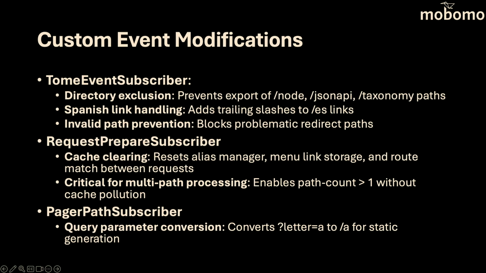This, to some degree, was for aesthetic purposes, but also because of the well-known structure of how Drupal is done, it made it easier to publish it that way. We removed trailing slashes from links, blocked some problematic redirect paths, and then we reset these particular caches for us. Again, this won't necessarily be what you do depending on your site setup, but for us, it was the alias manager, menu link storage, and route matches that are happening between requests, which allowed us to get an increase in the path count.